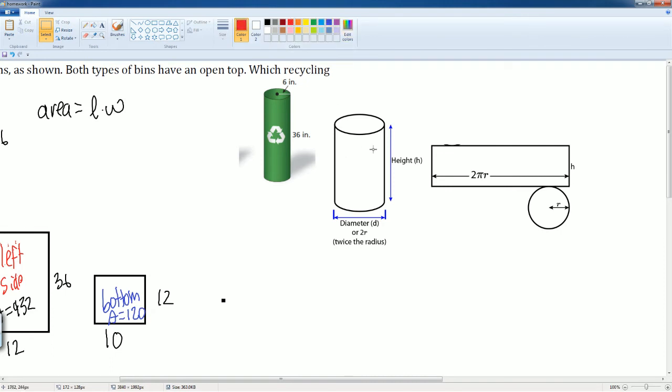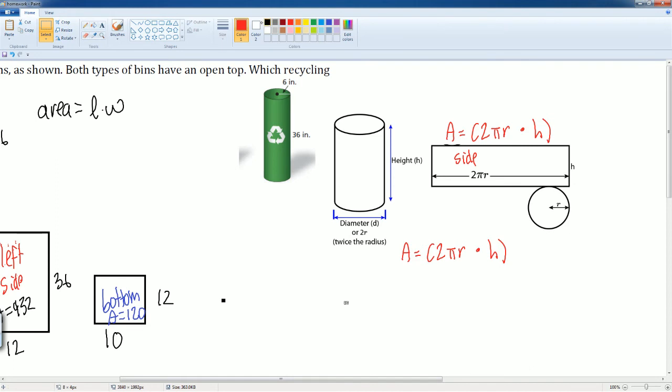The side of the can is defined by that. The area of that is just going to be length times width, and we already know the length is 2 pi r times h. So we can just do that calculation here to save us some time.